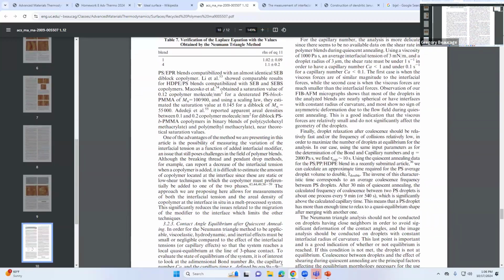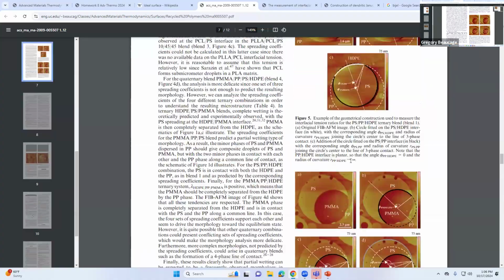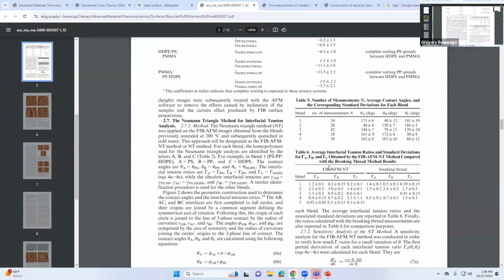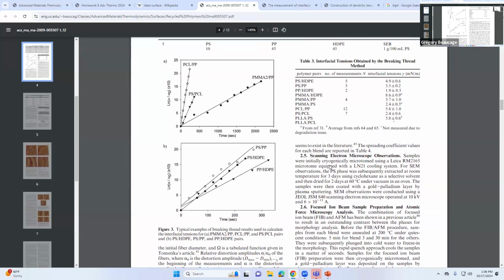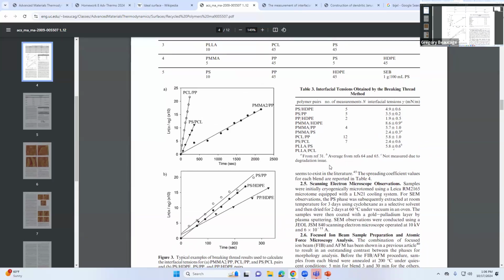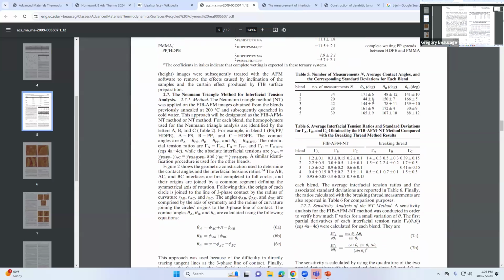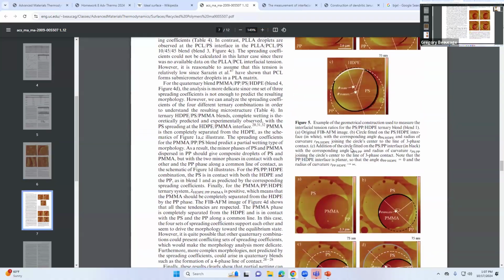So let's see, there's definitely a table in here of that stuff. Number of measurements, interfacial tension by the breaking thread. And then he compares the two here somewhere. Yeah, there's a table of comparison.